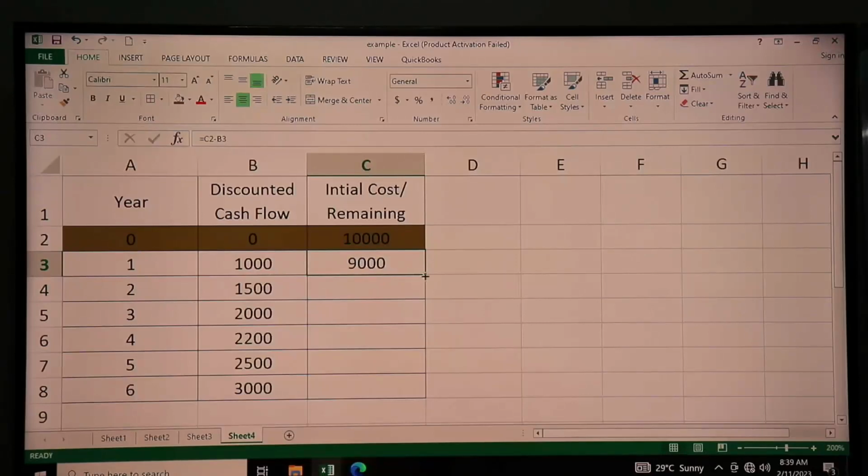And with this one, you can copy down our formula until it reaches either 0 or it can go negative. When it goes negative, it means by the time we are reaching here, our project has already paid over, and even exceeded.